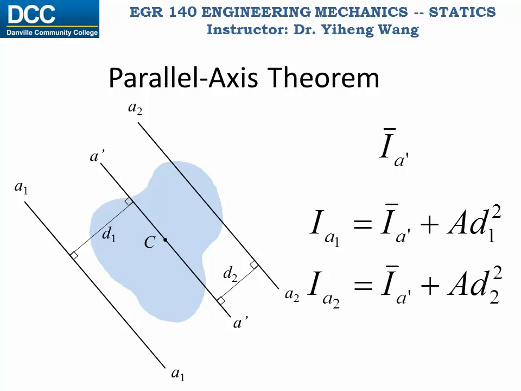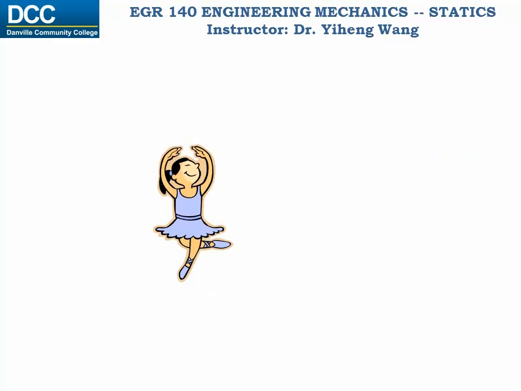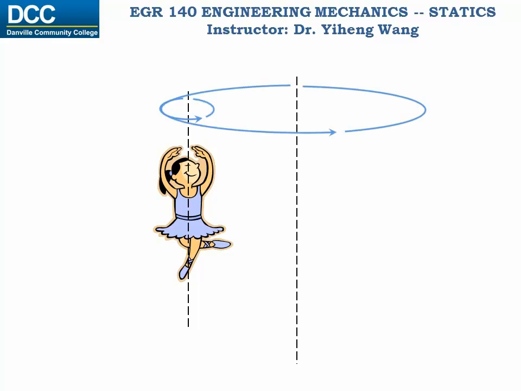this I prime bar, the moment of inertia about the centroidal axis, is always the smallest among any parallel axes, which tells you that if this area is going to rotate about its centroidal axis, it will provide minimum resistance. As an example, imagine this ballet dancer spinning about her own centroidal axis, and then imagine you're trying to rotate her entire body about an axis that is further away.